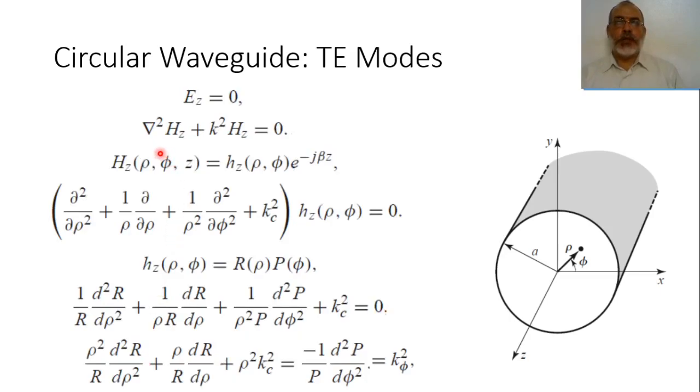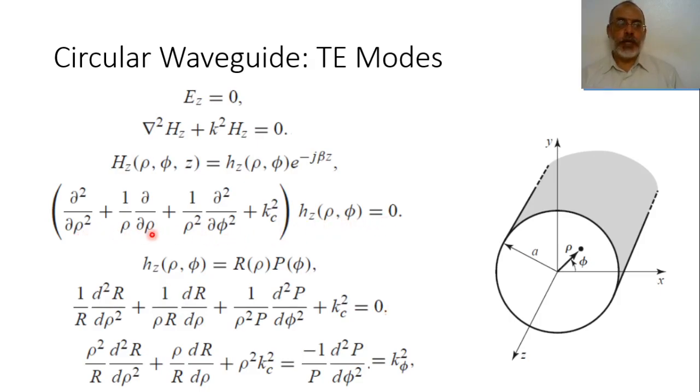So in this case, the Helmholtz wave equation for forward propagating waves inside a circular waveguide can be represented in cylindrical coordinates as partial squared by partial rho squared plus 1 over rho partial by partial rho plus 1 over rho squared partial squared by partial phi squared plus kc squared, where kc squared is k squared plus partial squared by partial z squared, and partial squared by partial z squared is minus beta squared, so k squared minus beta squared is kc squared, multiplied by Hz as a function of rho and phi equals 0.